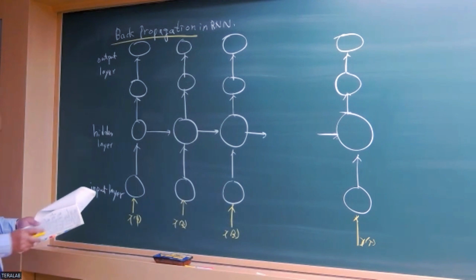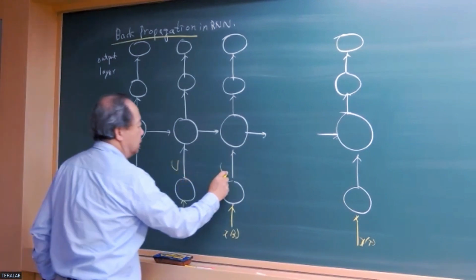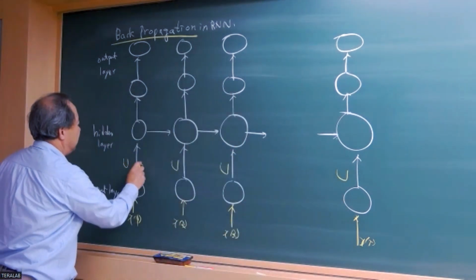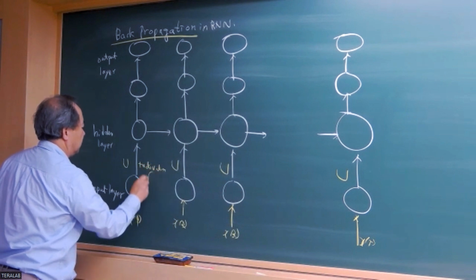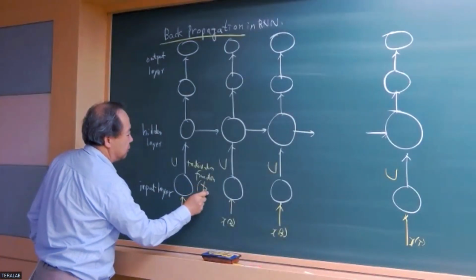And we're going to multiply by the U matrix plus the activation function.